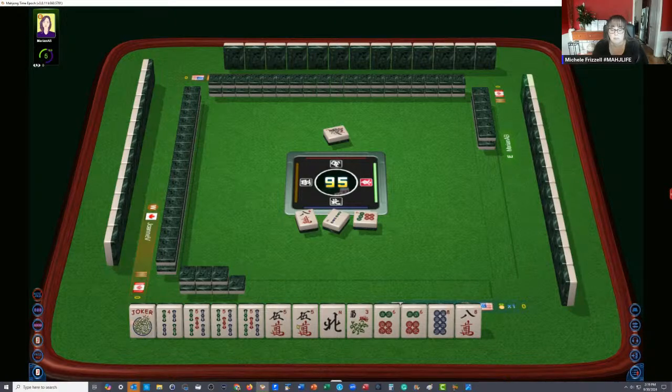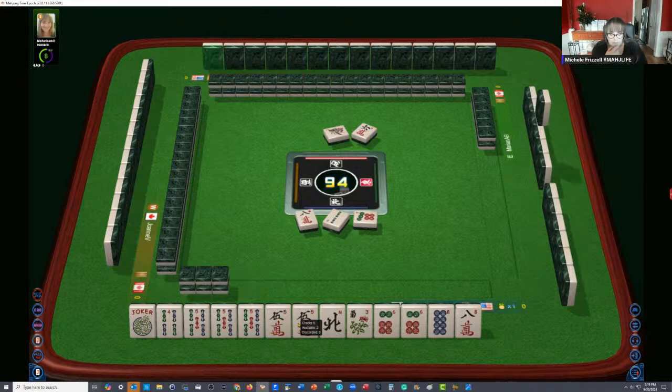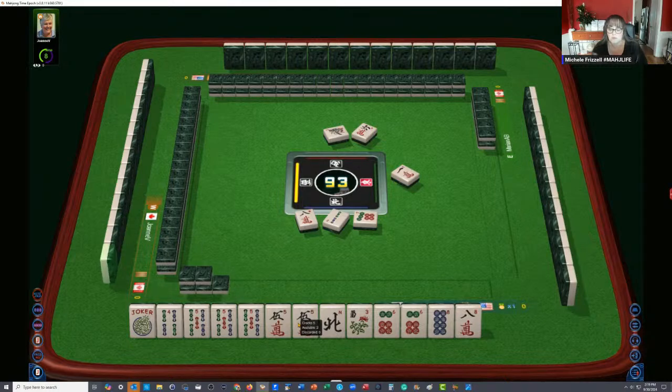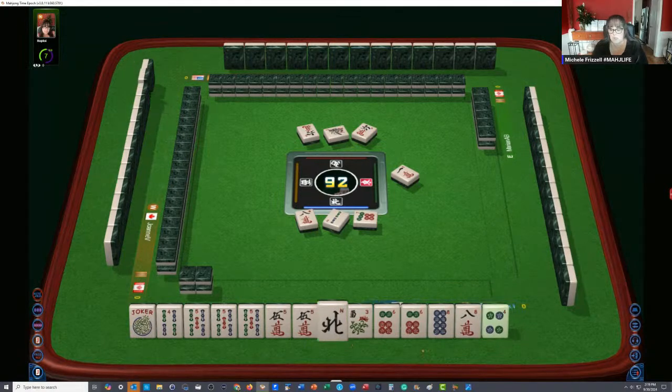We could maybe Kong both our 5s. But I think I'd only Kong 1 because we have only 1 wind. We need 4 winds. We have 1. So I would not play that hand out until we get more. Okay, so let's let the 8s go.